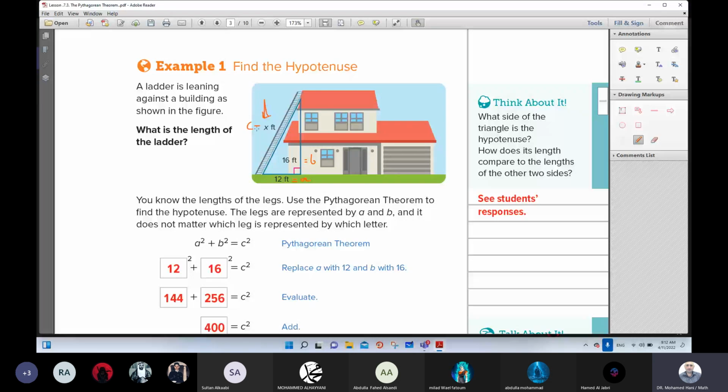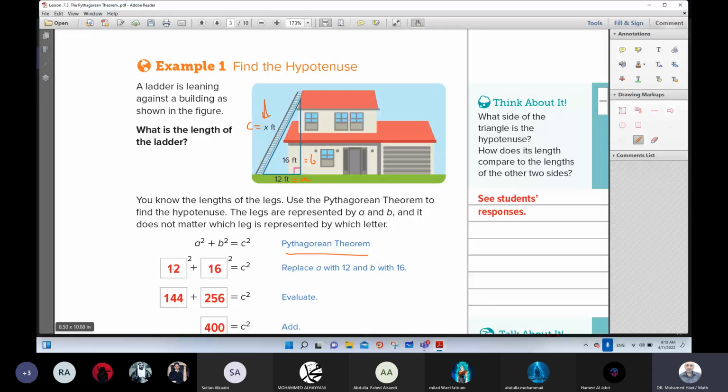How to find the missing side in the right triangle? We can use the Pythagorean theorem. The Pythagorean theorem says a squared plus b squared equals c squared. What is the value of A? 12.